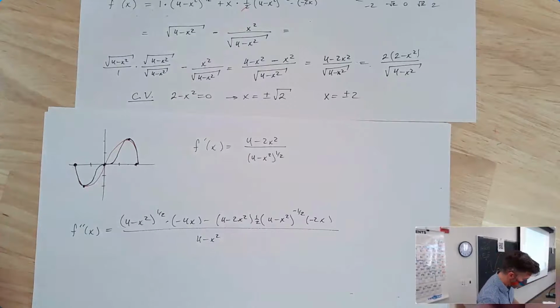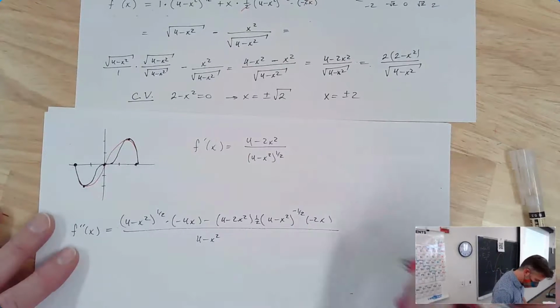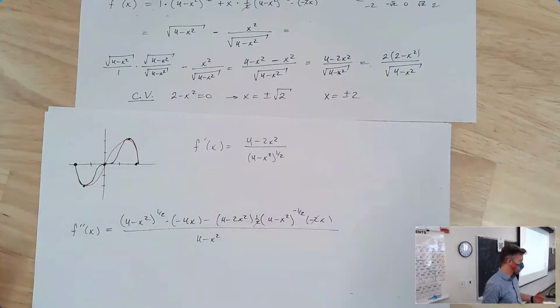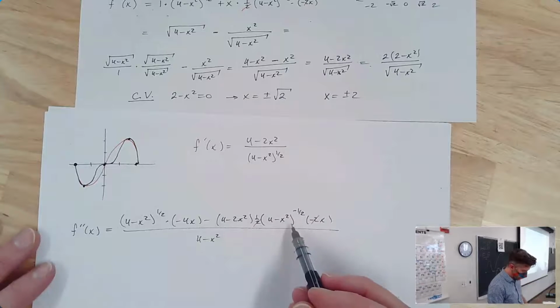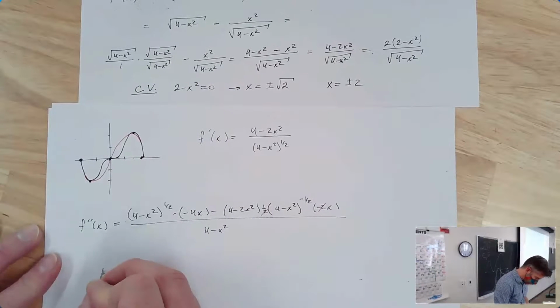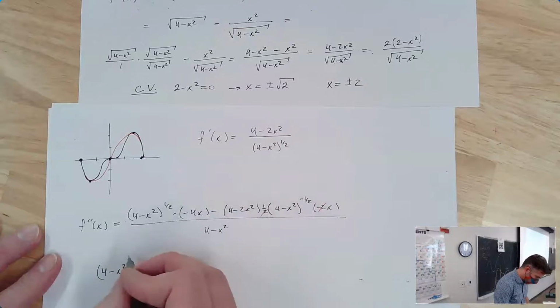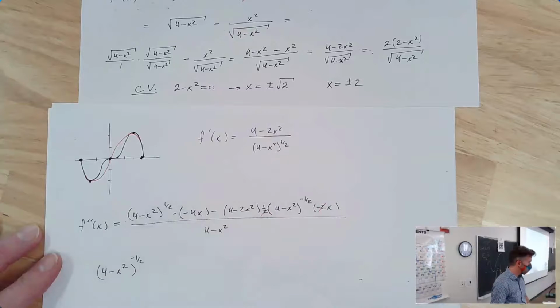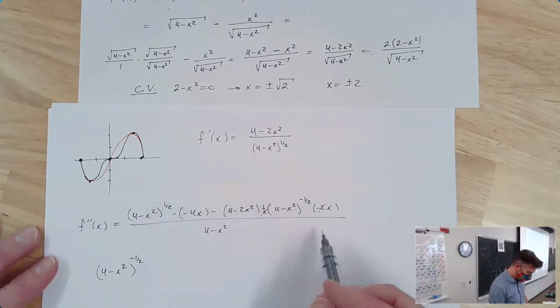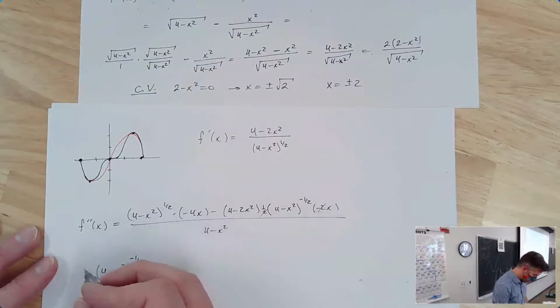Lovely, not. Cancel a 2 here. And at this point, instead of doing this whole common denominator thing, I would just factor stuff out. So from the top, I can factor out a 4 minus x squared to the -1/2, because that's the smaller power of the two, 1/2 and -1/2. I can also factor out an x.